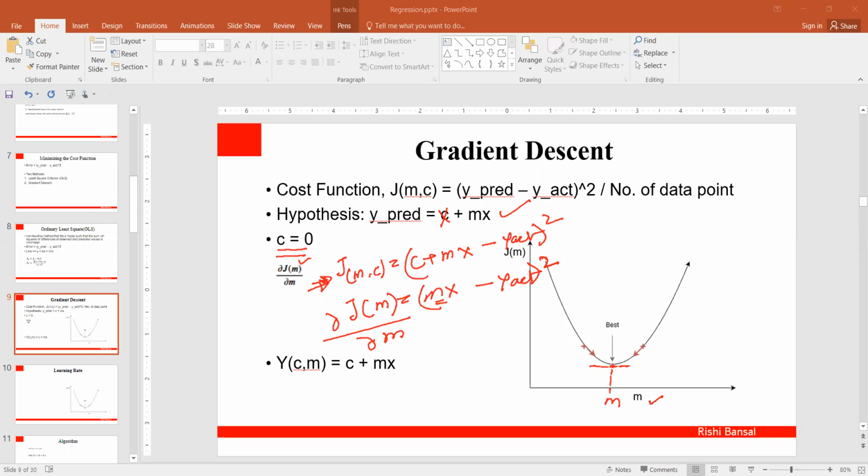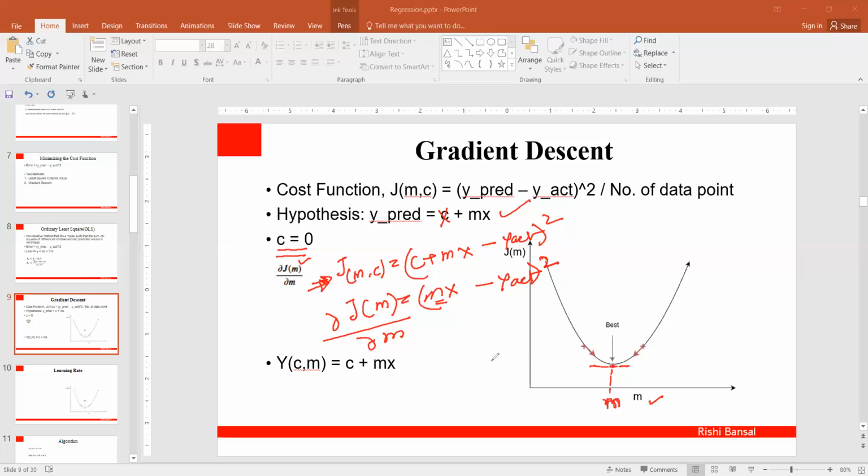See, in the case of OLS, we differentiated with respect to M and C, equated it to 0 and substituted to find the values of C and M. Now here, we are not going to substitute any value in the equation to find M and C. We are going the other way, through calculus, to find the minimum value of M directly.